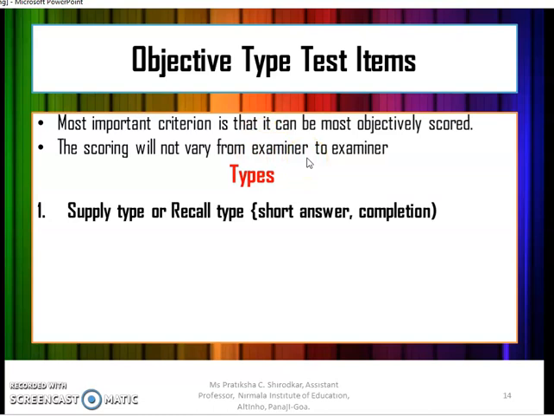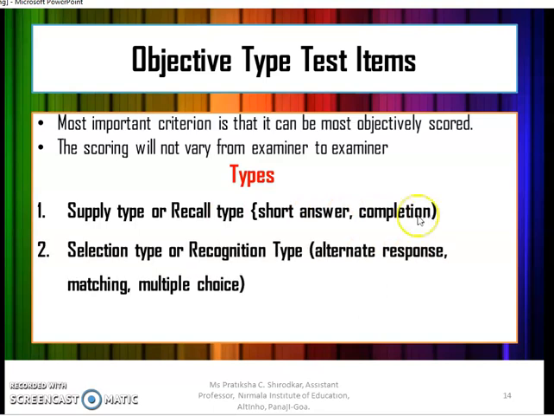Now, there are different types of objective type test items, like supply type or recall type, which includes short answers or completion answers, like completing the sentence, fill in the blanks. Then, the selection type or recognition type, which includes alternate response, matching, and multiple choice.